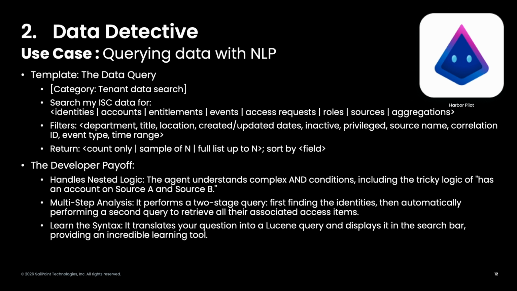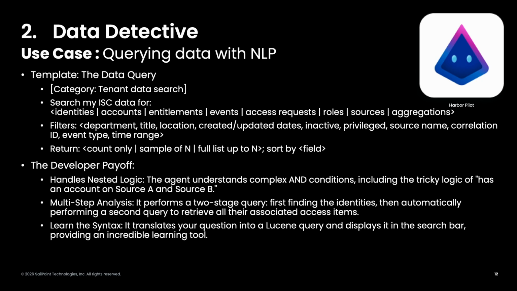So this is pretty much the template: what we are categorizing it into, what you're looking for, maybe identities, accounts, entitlements, access profiles, events, account activity. What type of thing are you looking for? We're going to prescribe it. This is what I'm looking at, and in this combination, these are the filters.